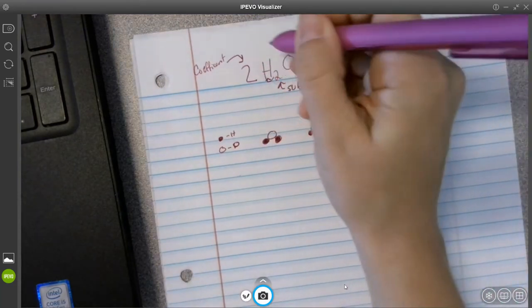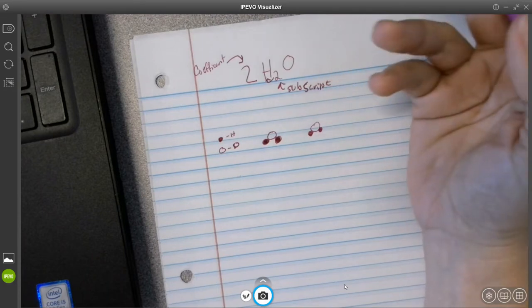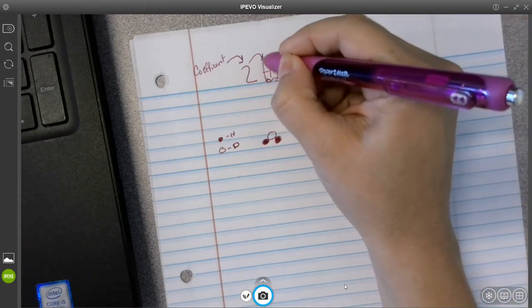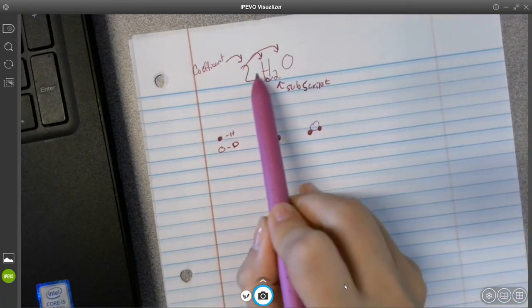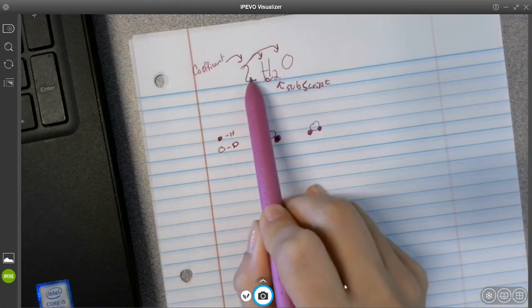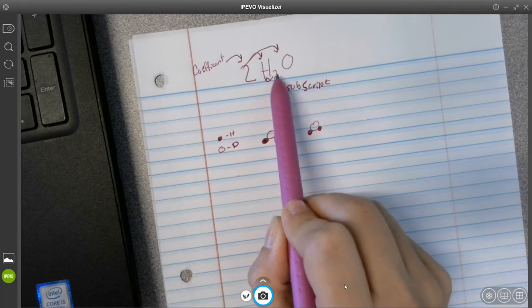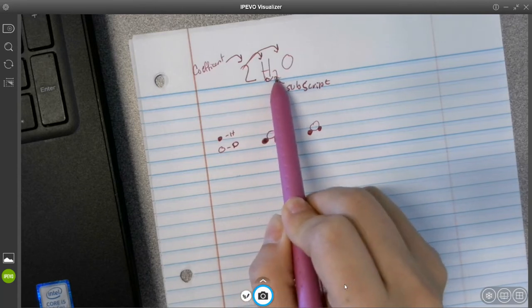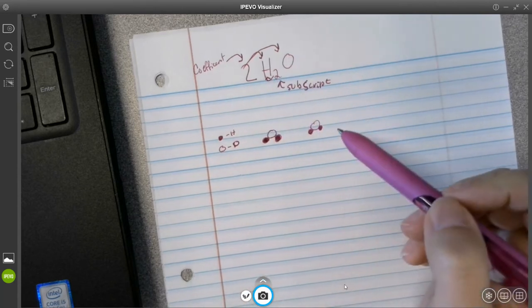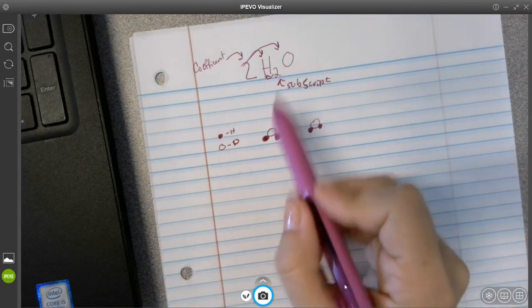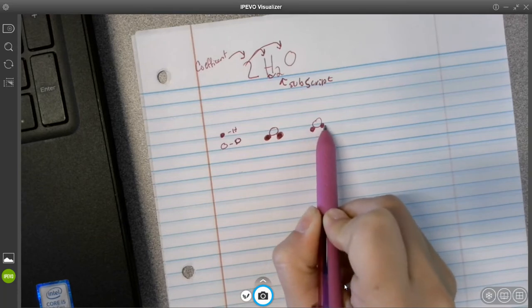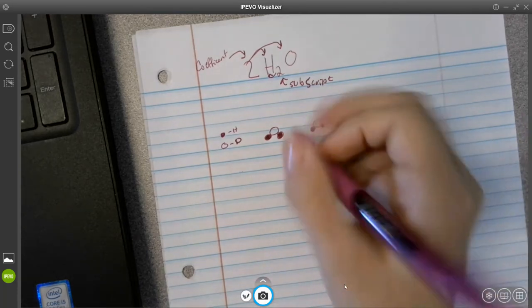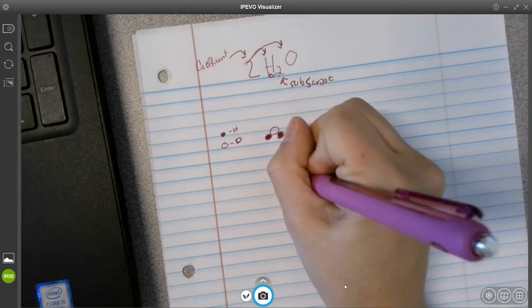This coefficient can be thought of as a distributive property and can be multiplied out. So if I have 2 water molecules and 2 hydrogens, I know 2 times 2 is 4, telling me that I will have a total of 4 hydrogen atoms. And if I look at this, I have 1, 2, 3, 4, which matches up.